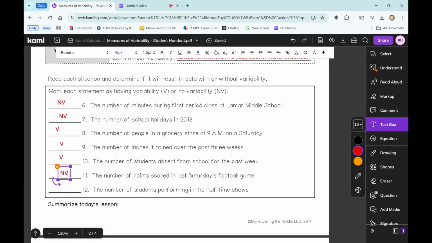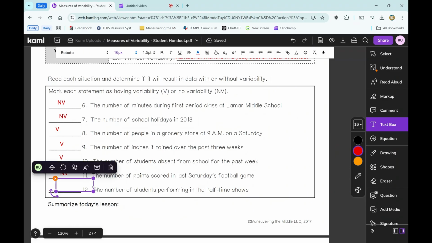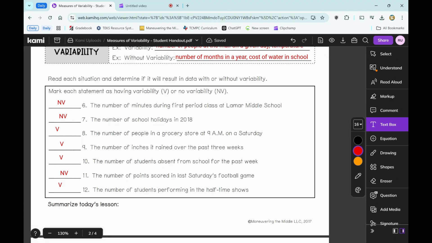The number of students performing in the halftime show is also variable because we don't know if some students had to go somewhere else or if they couldn't play because they were failing their classes. It also depends on what school you're going to, because some schools are bigger and some are smaller, so we don't know what school exactly or what students are performing.